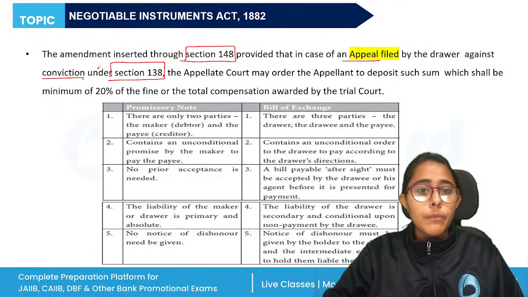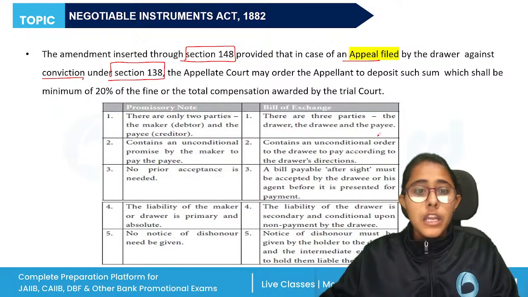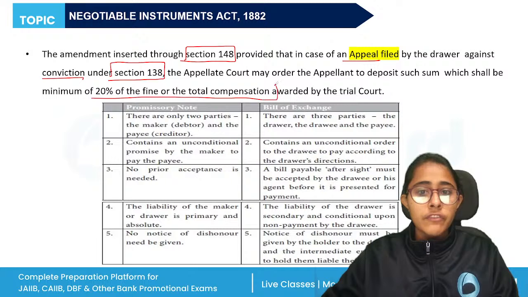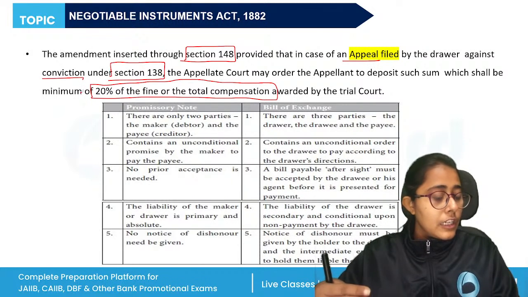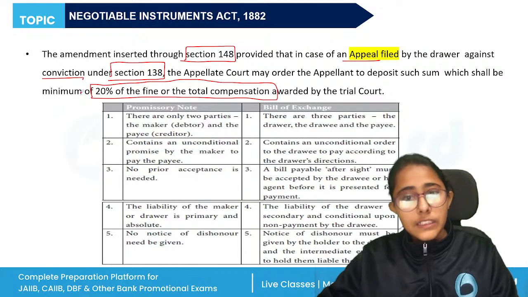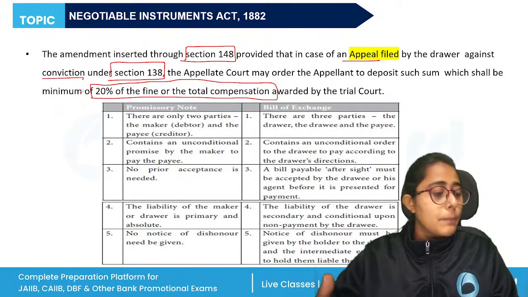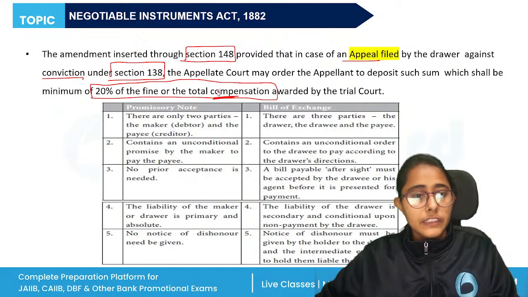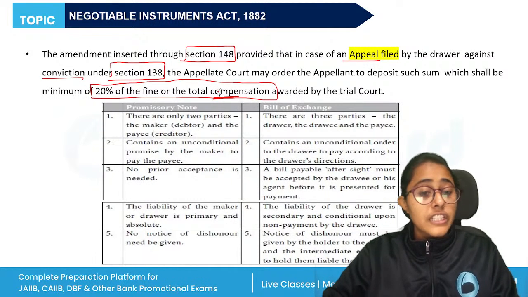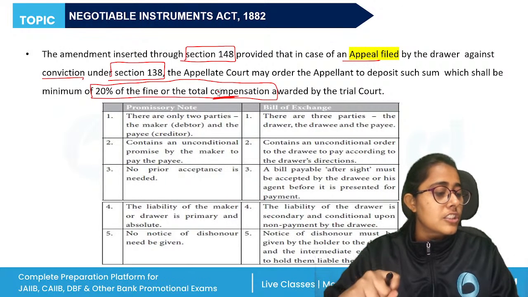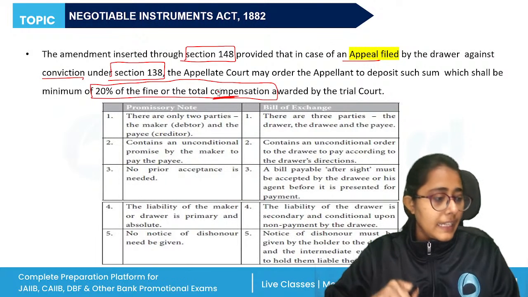The appellate court may order the appellant to deposit a sum which shall be a minimum of 20% of the fine or the total compensation awarded by the trial court. So for the appeal to be taken further, first the appellant will have to deposit 20% of the compensation awarded by the court, and then it will be taken further. This is the change that has been made with the insertion of section 143A.